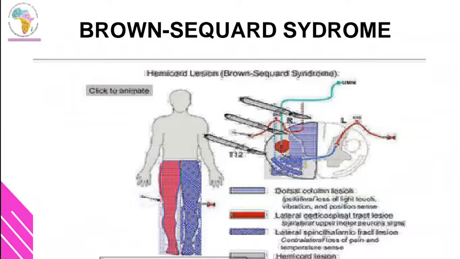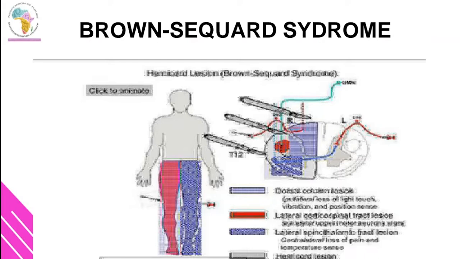It also affects the lateral corticospinal tract, so they presented with ipsilateral upper motor neuron signs, which we know are hyperreflexia, hypertonia, and spastic paralysis.